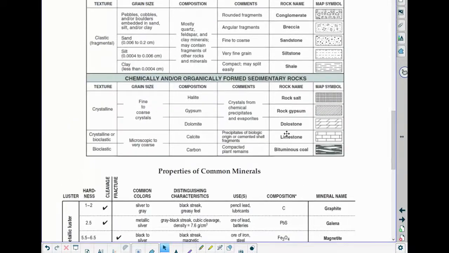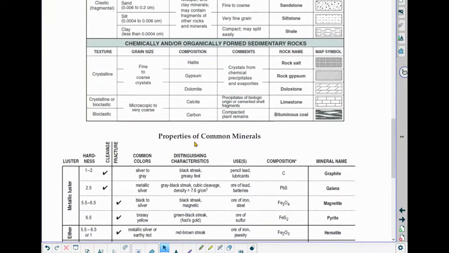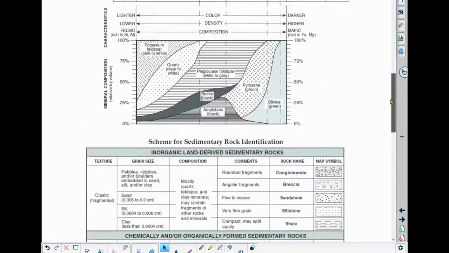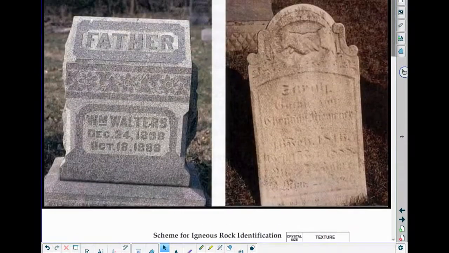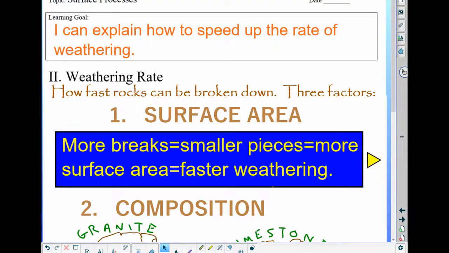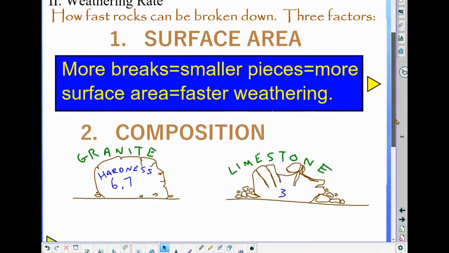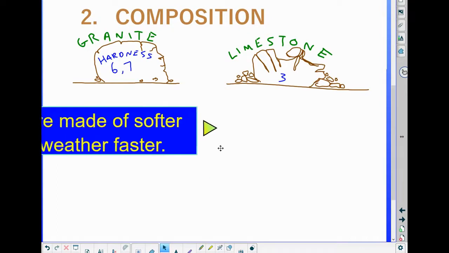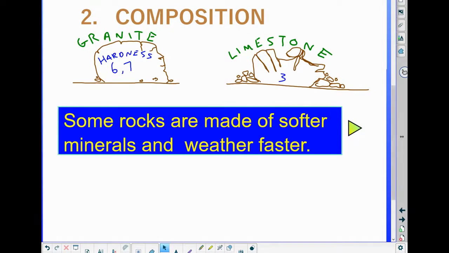And remember, limestone is made out of calcite. Calcite, we can see, has a hardness of only 3. Therefore, it's going to weather a lot faster. Composition of the rock is going to cause rocks to weather faster or slower than other rocks.